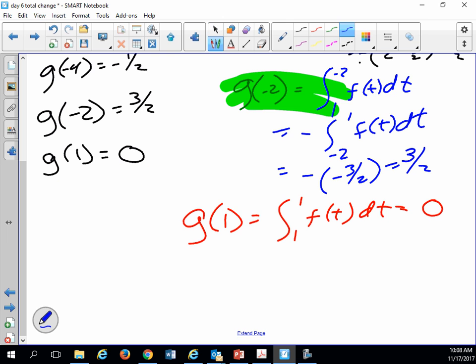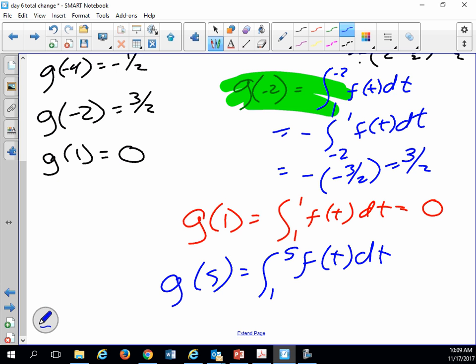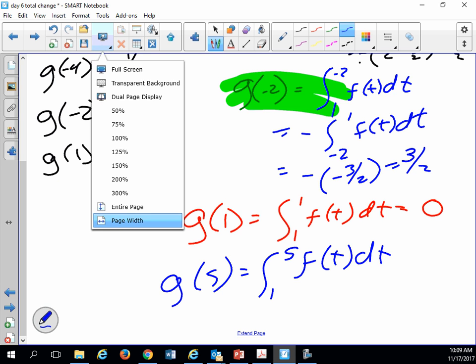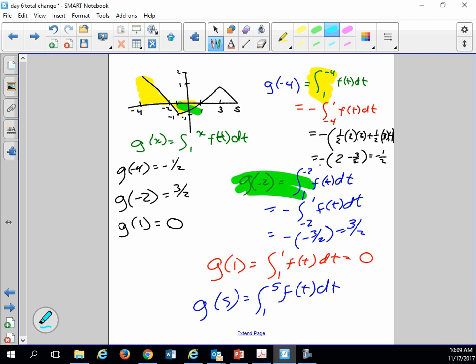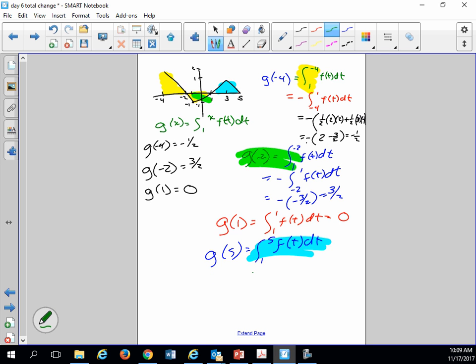Last one is g of 5. That's going from 1 to 5 of f of t dt. That's this piece right here. So that would be 1/2 times 4 times 1, which is 2.